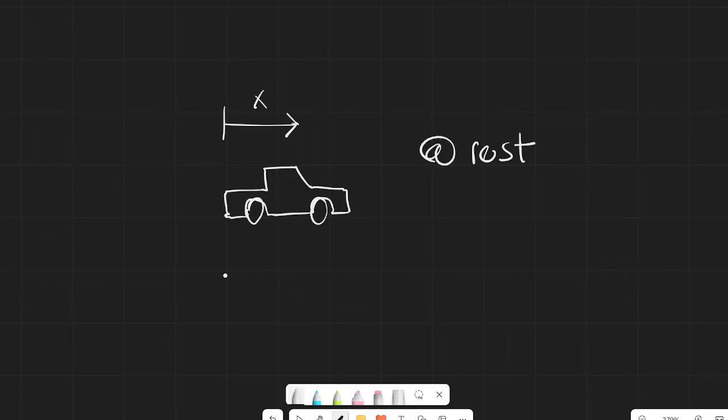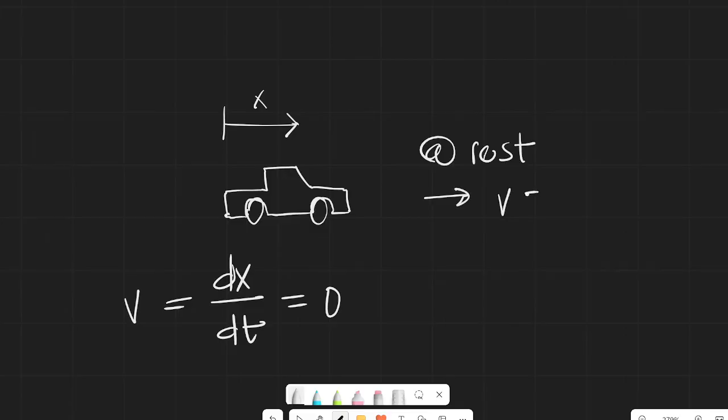This means that the change in the object's position is equal to 0. And we just defined that the change in an object's position is its velocity. At rest indicates that velocity equals 0.